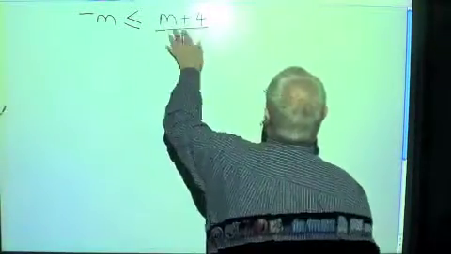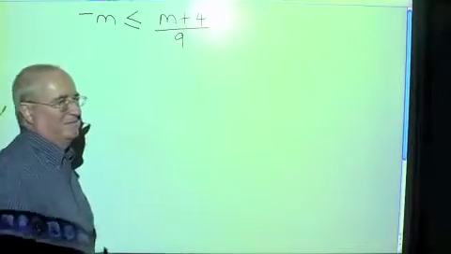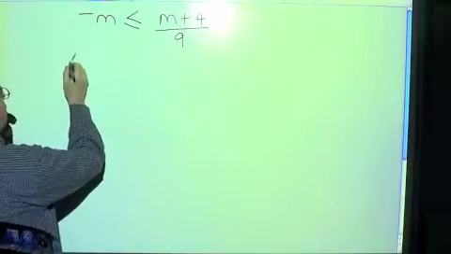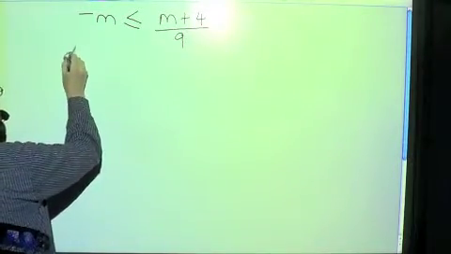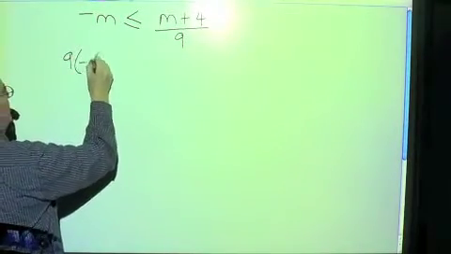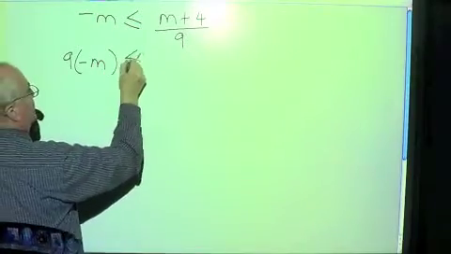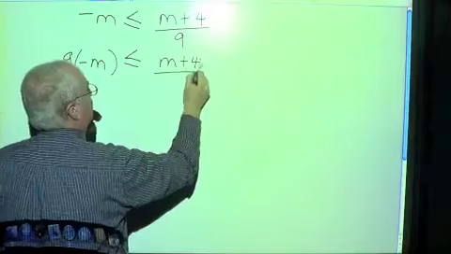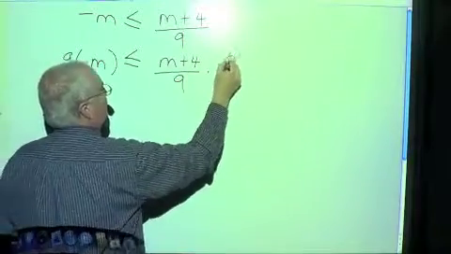Well, division by 9, what happens if we multiply by 9? Let's try and see. So let's multiply both sides by 9. That would be 9 times negative m less than or equal to m plus 4 divided by 9 times 9.